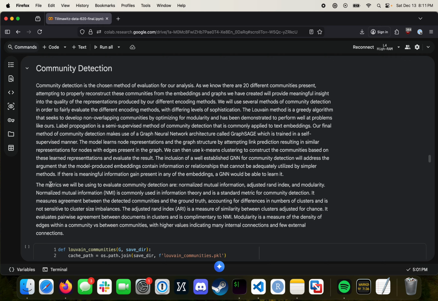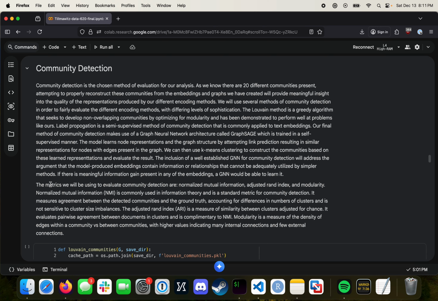And our final method of community detection will be using a graph neural network, specifically GraphSage, which is trained in a self-supervised manner, attempting to do link prediction, and will produce a representation of the nodes, which we will then perform k-means clustering on.